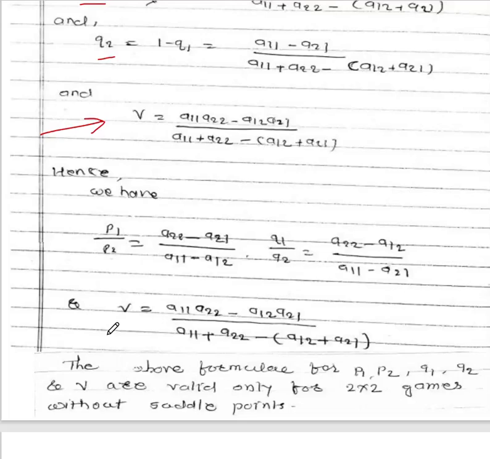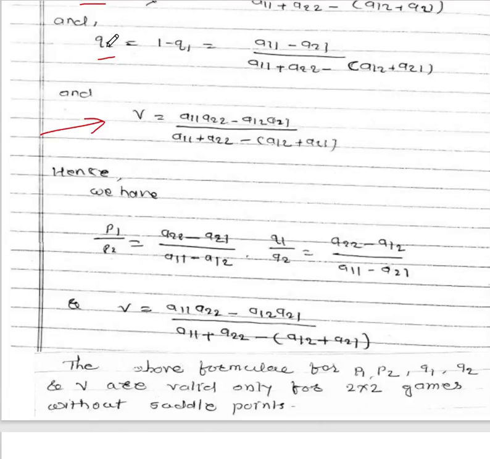But actually this theorem is valid for the 2 by 2 payoff matrix. The above formulas for P1, P2, Q1, Q2 and V are valid only for 2 by 2 games without saddle point.